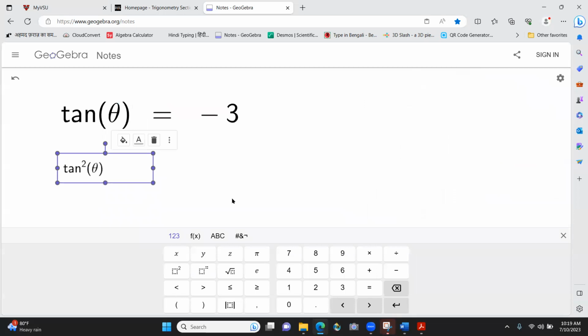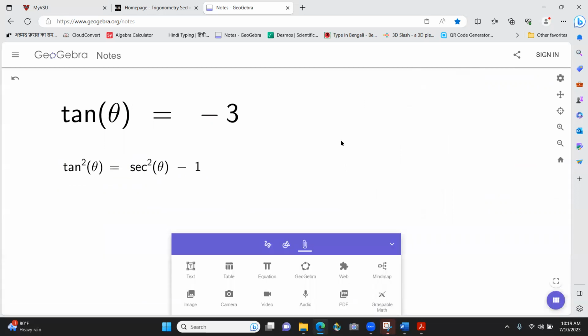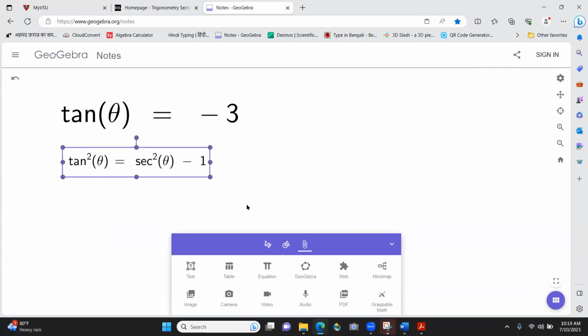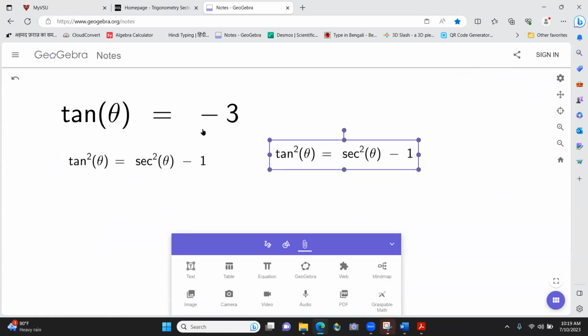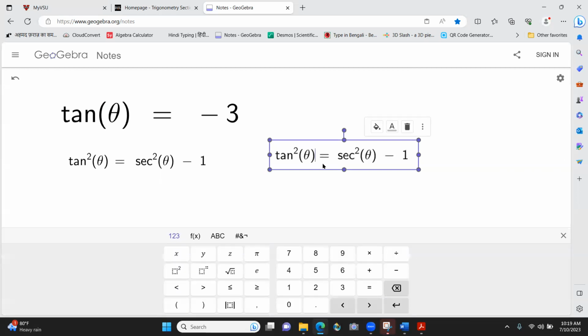Tan squared theta plus 1 is equal to secant squared theta. Now, you can write it as secant squared theta minus 1, but this is a little easier. Now, instead of tan squared theta, I am going to write -3 squared, which is going to be 9.